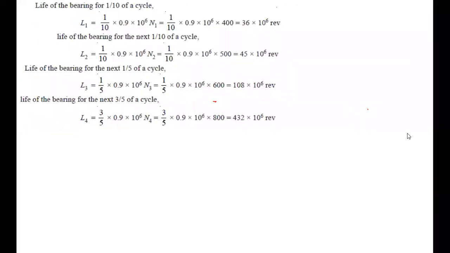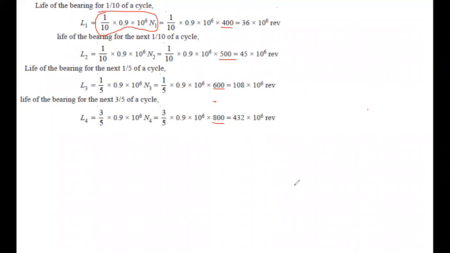Moving ahead. Now, everywhere we will be putting the value of N1, N2, N3, N4, that is 400, 500, 600 and 800 given in the numerical table. So 1 by 10 into 0.9 into 10 raised to 6 N1.